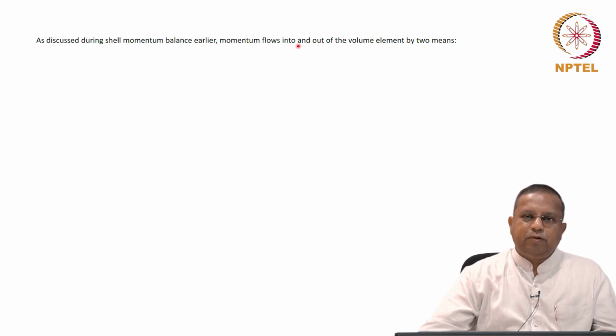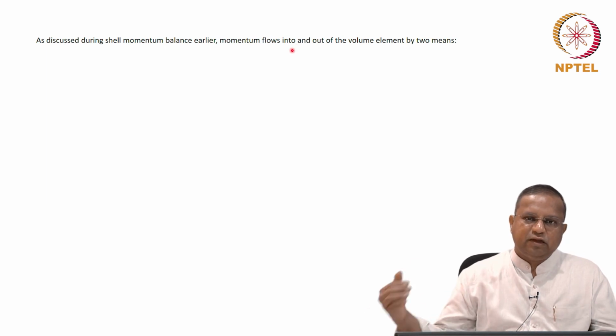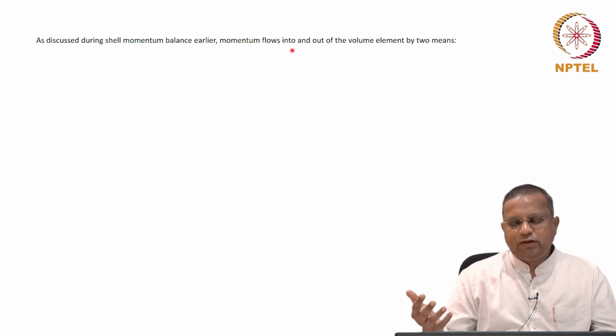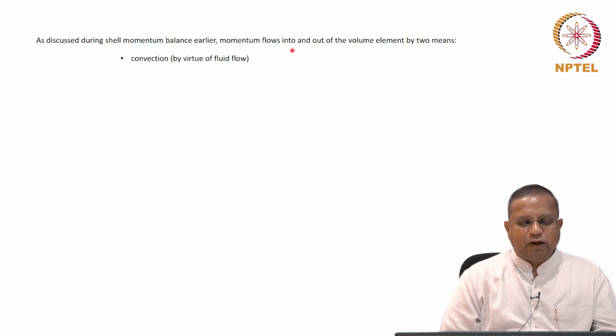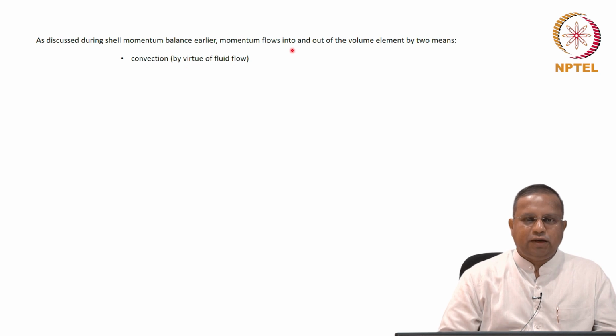So the momentum flows into and out of the volume element by two major means that we have already seen. One is by convection, or by virtue of fluid flow. The second one is by molecular aspects, or by virtue of velocity gradients.